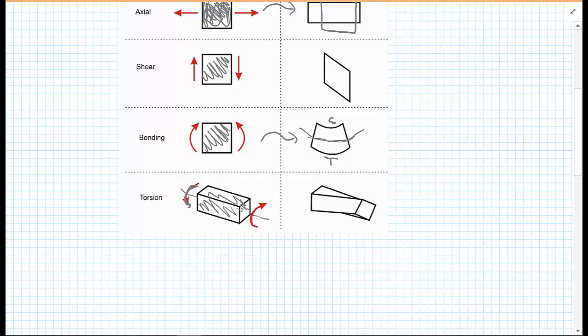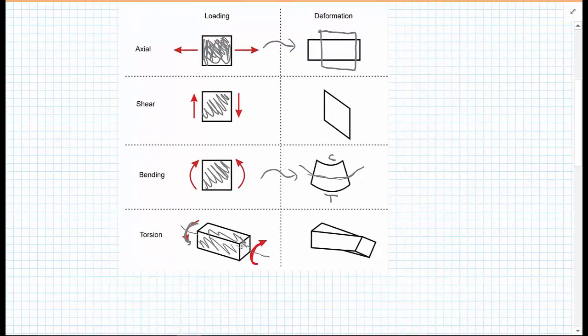As a result of this twisting motion, the piece of material gets twisted. This gets really important, especially in mechanical engineering, where we have torsion of shafts. It can also be a problem in petroleum engineering, where we have twisting of drills that are down boreholes. Okay, so those are the four types of internal forces.